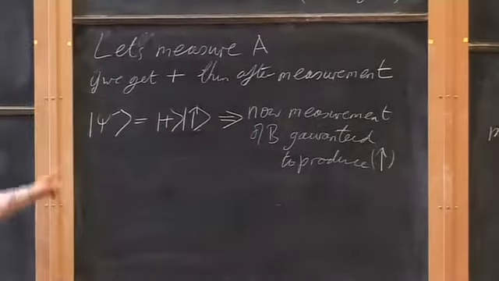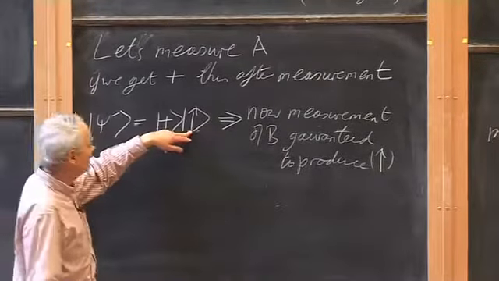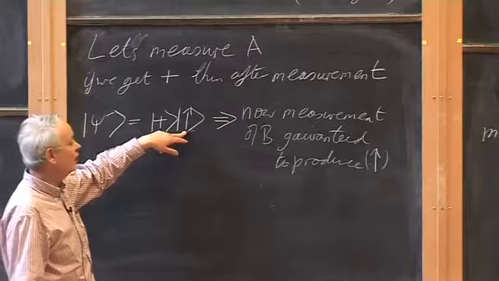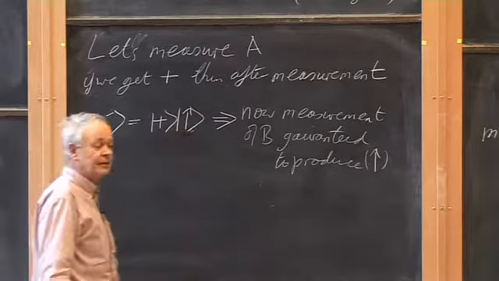Right? Because this thing is something times up, there is now 0 amplitude to find down. You're certain not to find down, you are certain to find up.